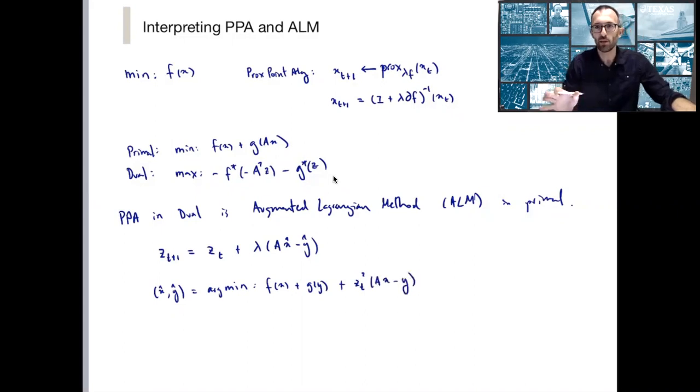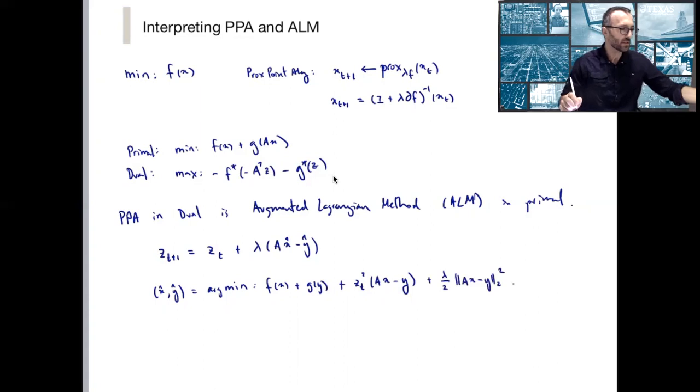If we were to stop here, note that this problem would completely decouple. In fact, that's what we have when we have gradient ascent, and we've also talked about that in this series. But we have the additional term, which is the augmented Lagrangian term, the squared norm of Ax minus y squared. So this is where we are.